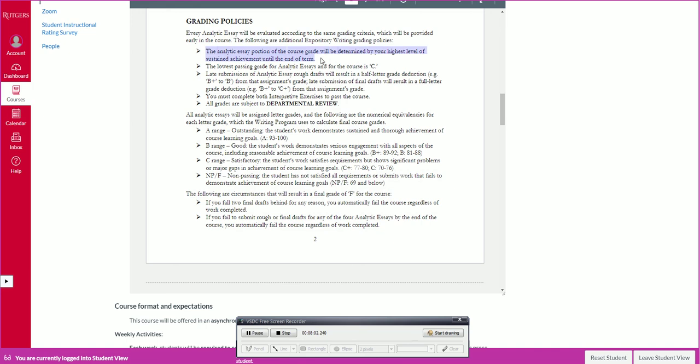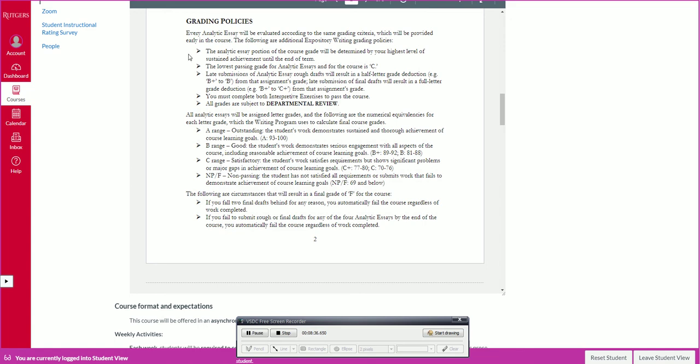So what that means is, let's say you got C, B, A for the grades, then your final grade for that portion of the course would be a B plus, because it's about how well you did sort of in the end. So it's based on your level of improvement, really. So that's maybe a little bit different from other courses, so just keep that in mind.